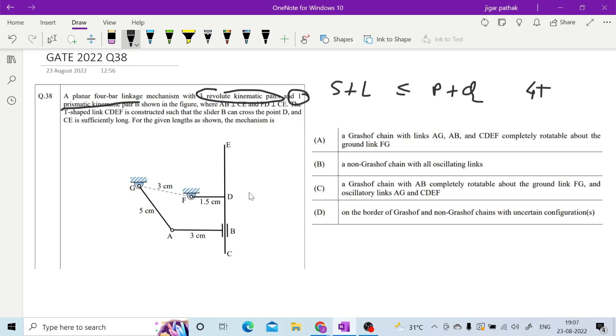So one is sliding, and the other 3 are revolute pairs, while this particular one is a sliding pair.